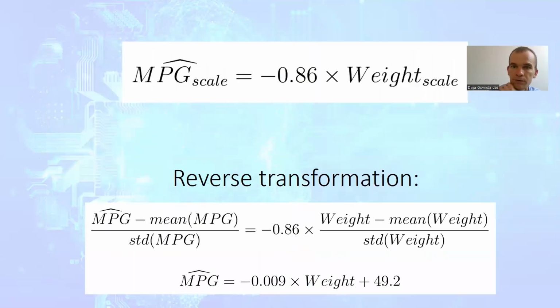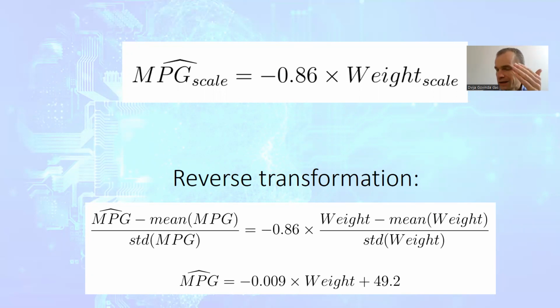So the scaling of the features is very important. In this case, when we are interested in prediction of miles per gallon based on the weight of the car, we can predict its value in a simple way as the scaled weight of the car multiplied by minus 0.86.